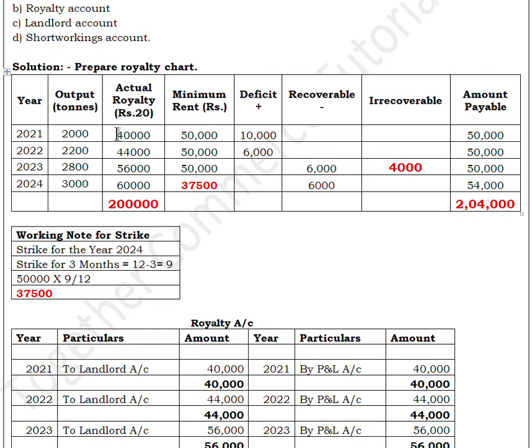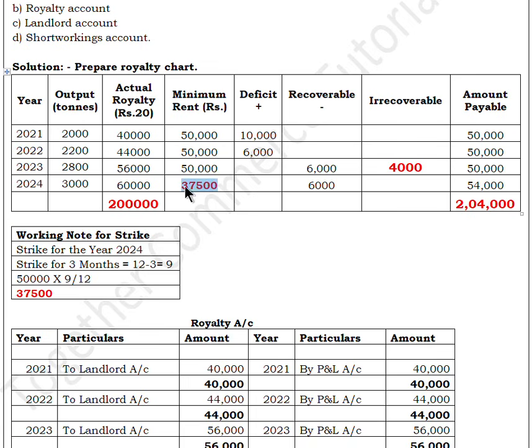See, 3 months strike, you will see a working note here. Strike for the year 2024, the strike is for 3 months, right? Now a year has 12 months, that is this 12. Out of this 12 months, 3 months were into strike, so you should deduct 3 months. So 12 minus 3 becomes 9.